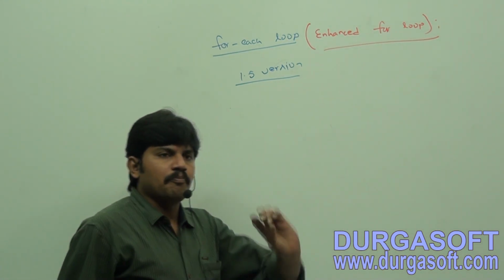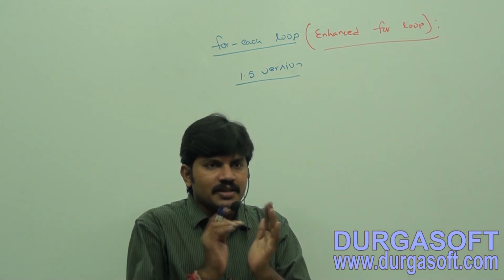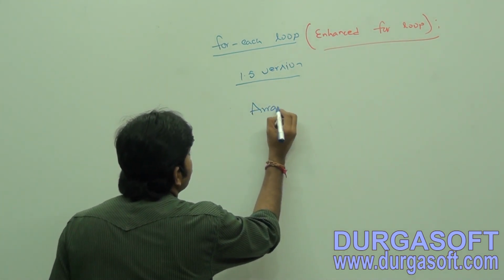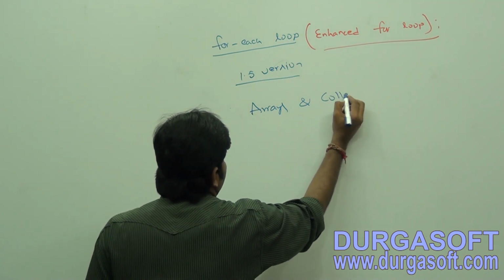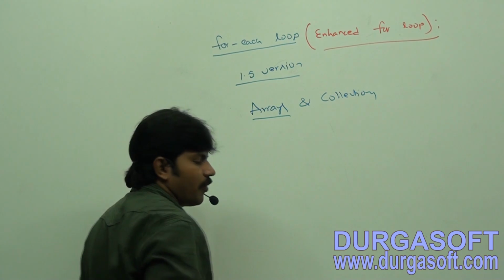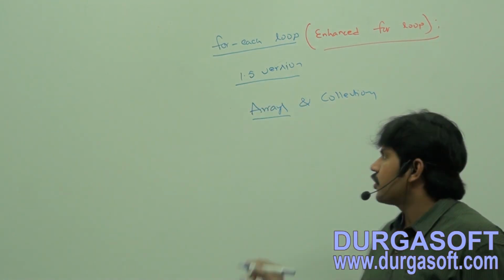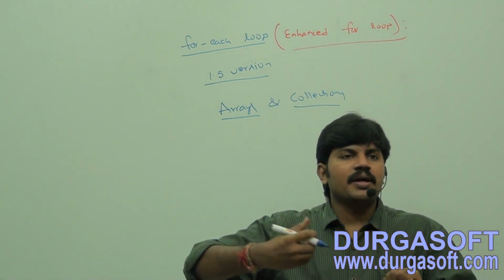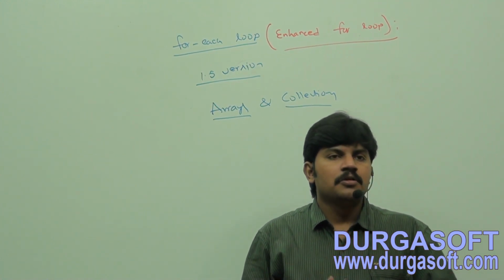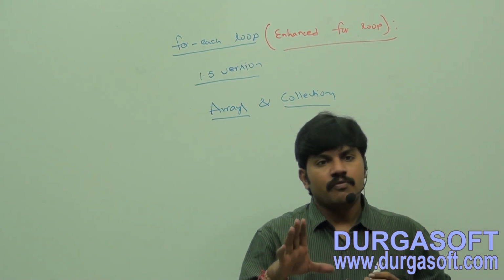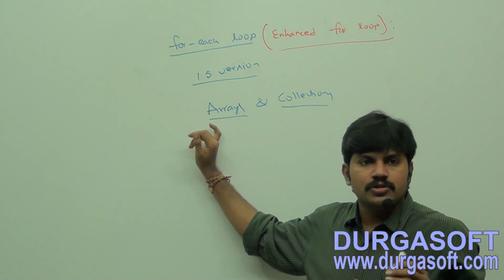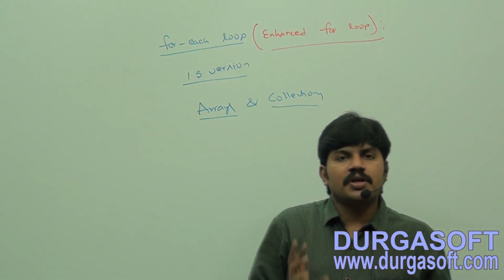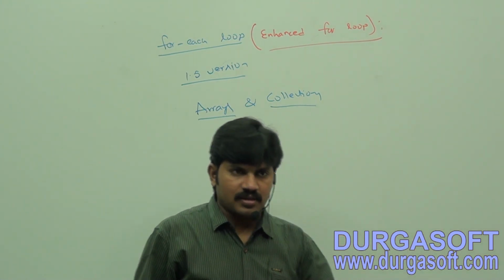This loop is specially designed to retrieve elements of arrays and collections. Sir, an array is a group of elements, or a collection is a group of elements. From an array or collection, if you want to get objects one by one, then the best suitable loop is the for each loop, right? Are you able to understand?